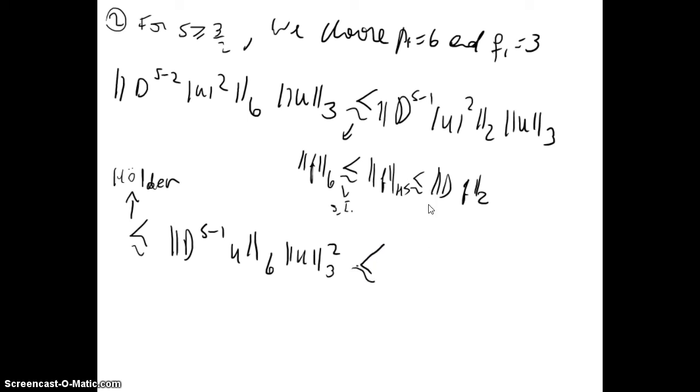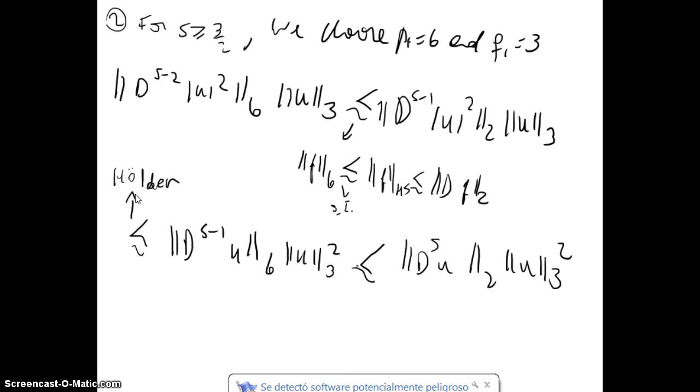Now for the next bound we will use this again. For this it is also 6, so we will obtain the norm of D^s u in L^2, times the norm of u in L^3 squared. Just to clarify, when we make this step where we apply Hölder, we recall that this is a convolution, so you can always take one absolute value of u out of the integral, and in that way one can apply Hölder.